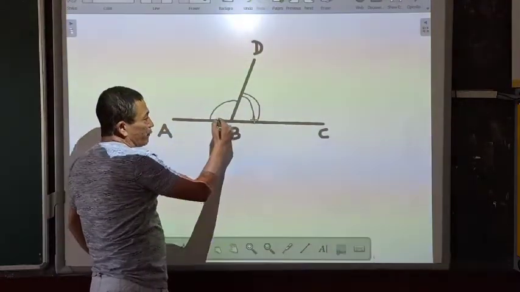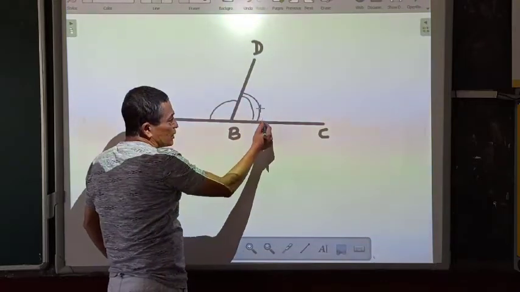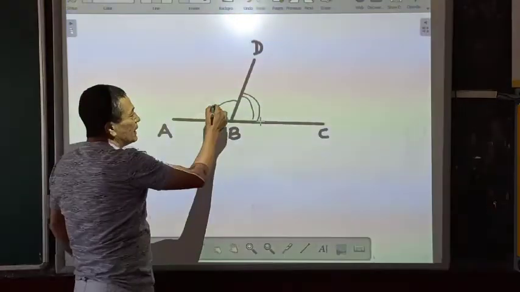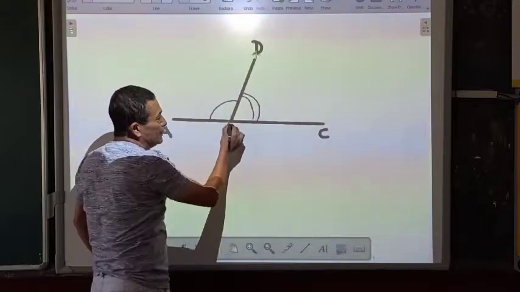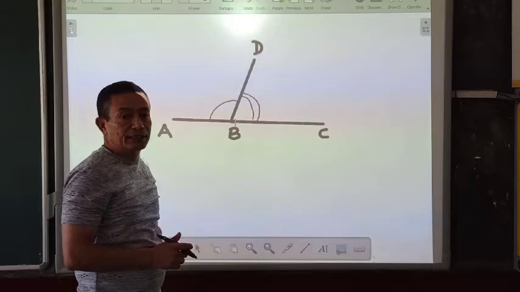And if I look at it carefully, the distance from here till this point is 180 degrees. That means if I add this angle ABD and DBC, it's going to give me 180 degrees.